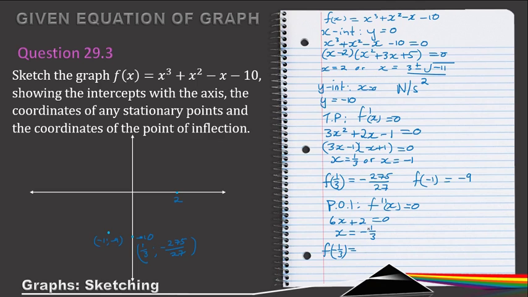That would give me -259 over 27. Right, so plotting that, it's over here, and we have negative 1 over 3 and negative 259 over 27.